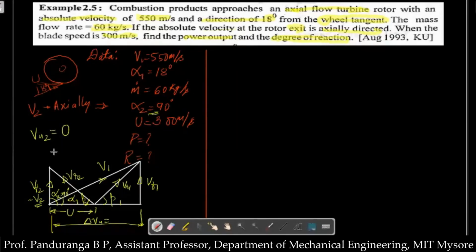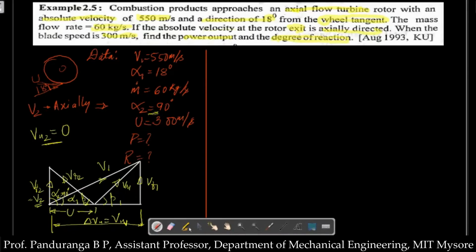For a vertical line, we don't have a horizontal component, and for a horizontal line, we don't have a vertical component. You need to remember this. Whenever alpha 2 is 90 degree, VU2 will be 0. So delta VU will be equal to VU1. If you find VU1, that is sufficient for us to find the power developed, and then we need VR1 and VR2 to find the degree of reaction.